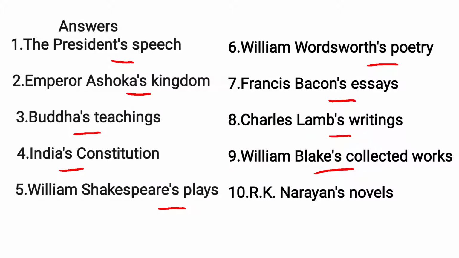R.K. Narayan's novels. Here also apostrophe s we have used. So I hope you have noted down these answers in your book. Keep your writing clean. Write neatly. Now let us start with exercise B.